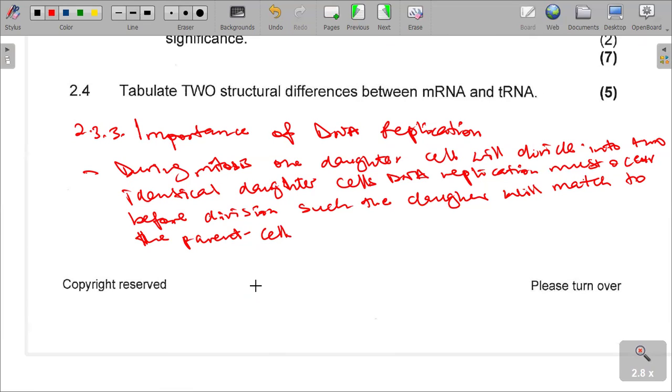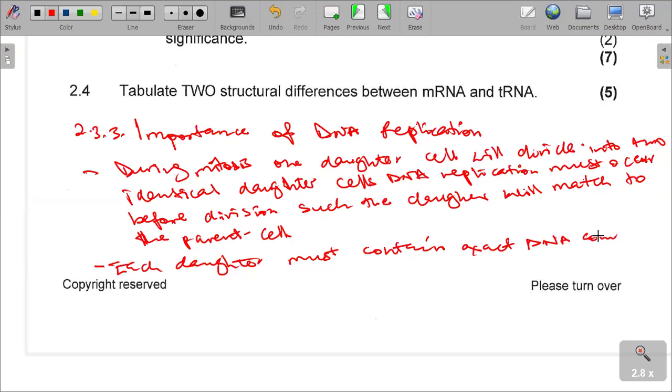Each daughter cell then contains the exact DNA composition as the mother cell. That is one thing that you must also understand. Each daughter cell must contain the exact DNA composition as the mother cell.